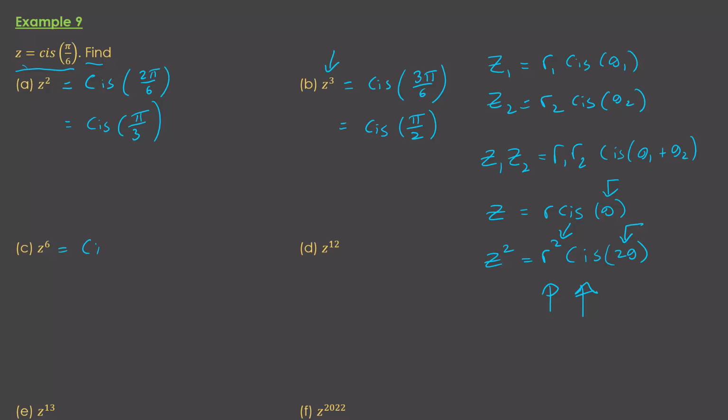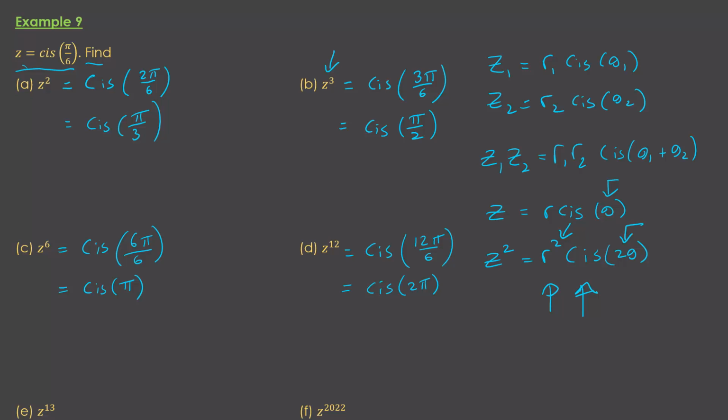Z to the 6 is going to be cis 6 pi by 6, and therefore that is going to be cis pi, or just -1. Z to the 12 is going to be cis 12 pi by 6, which is cis 2 pi, or just 1.